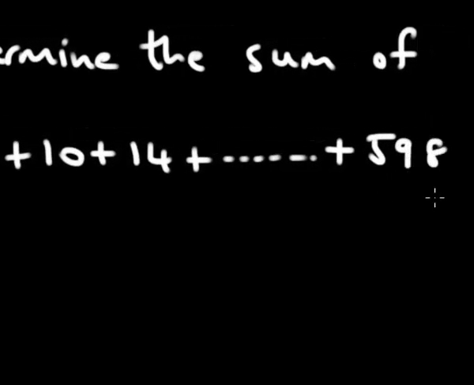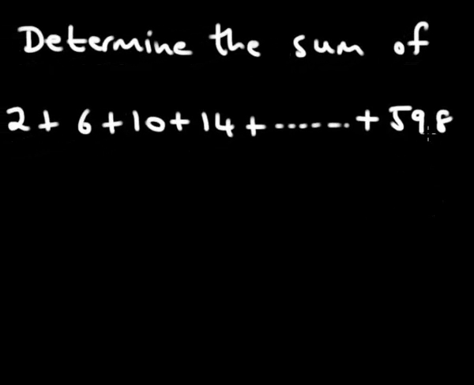So that's the last term. Now the problem is, I don't know how many terms I must add up. In other words, I don't know what this term's position is. It's a term with an unknown position. If I know its position, I will know how many terms to add up.